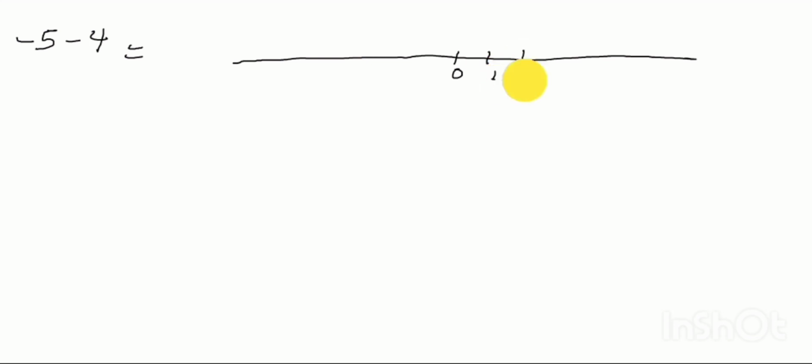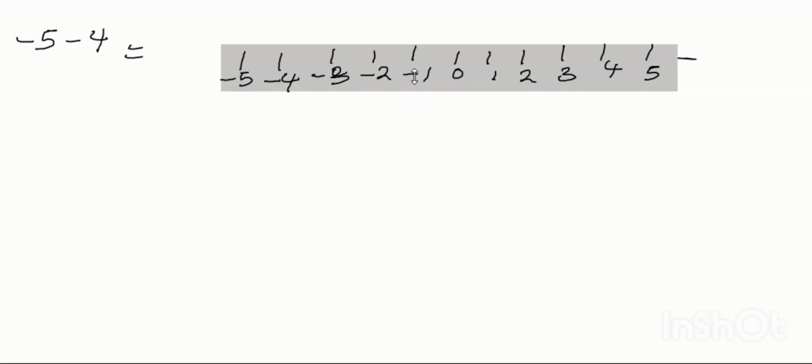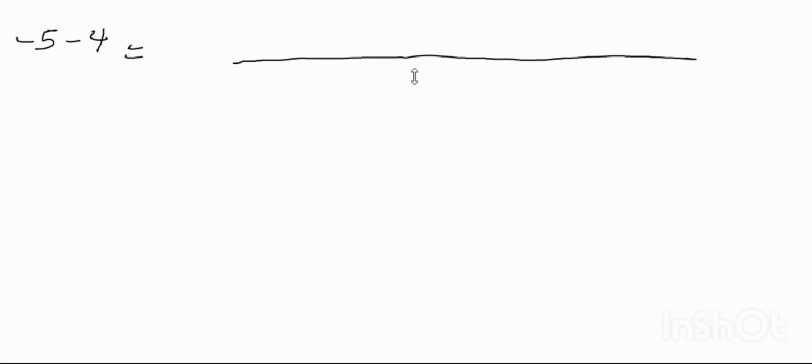The midpoint is always 0. Then moving to the right, you have 1, 2, 3, 4, 5. We're stopping at 5 because 5 is the highest number I can see there, or rather 4 anyway, but I'll just stop at 5. Now, I have to make this longer because we have negative numbers.